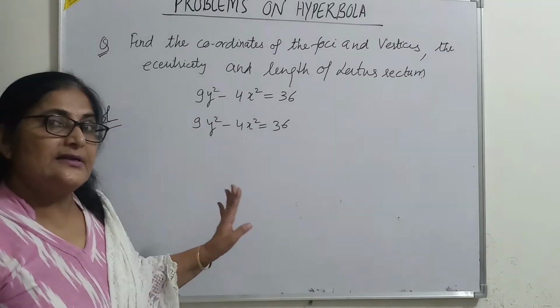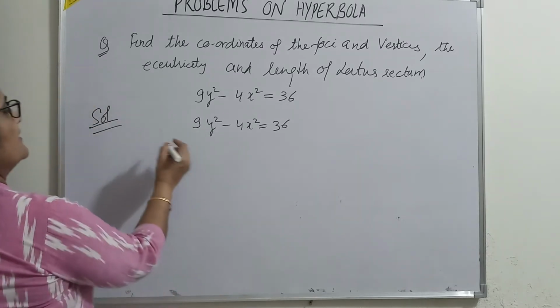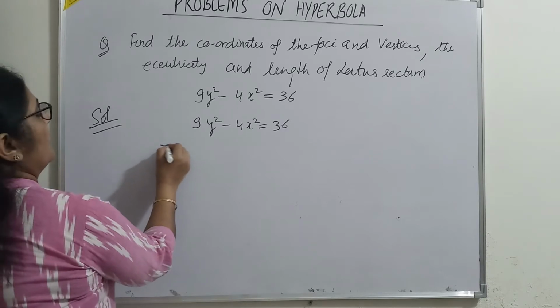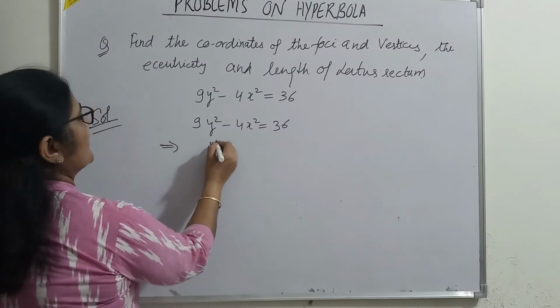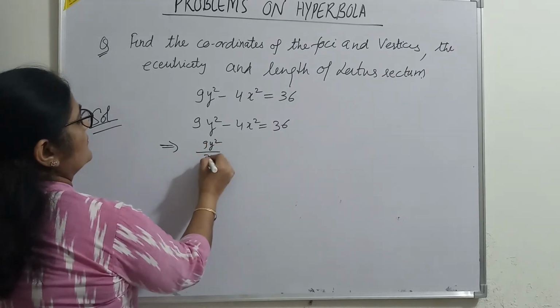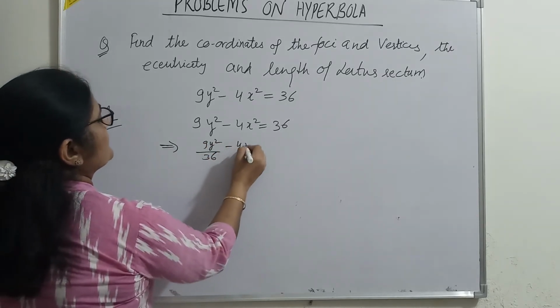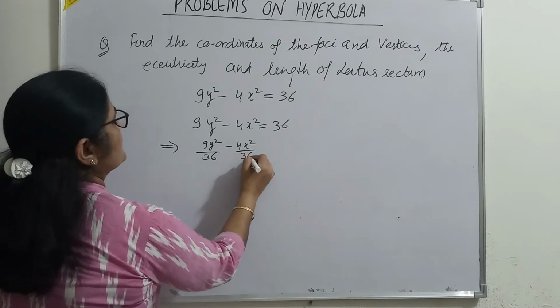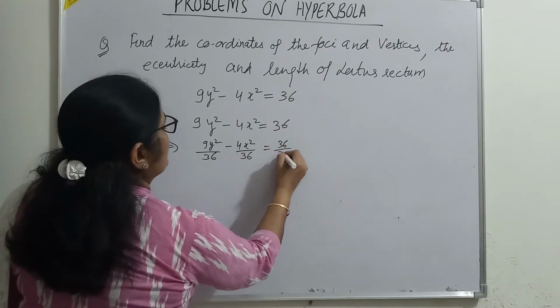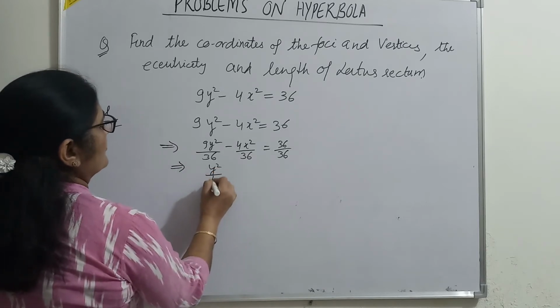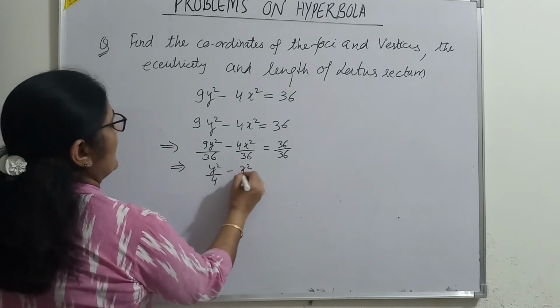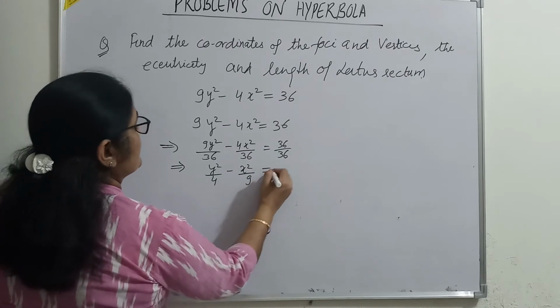First convert it to standard form. How can we convert it? Dividing by 36 on both sides. So 9y square upon 36, 4x square upon 36, 36 upon 36 makes 1. So y square upon 4 minus x square upon 9 is equal to 1.